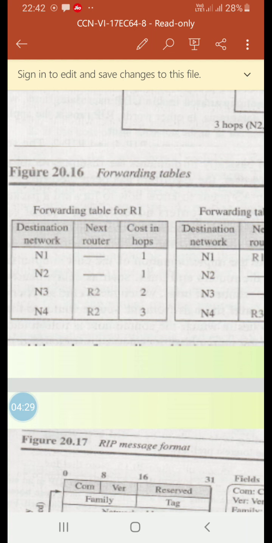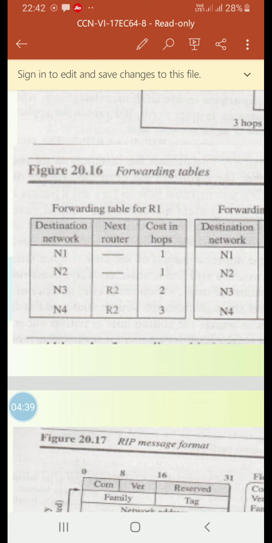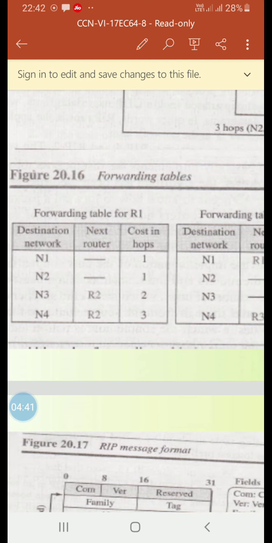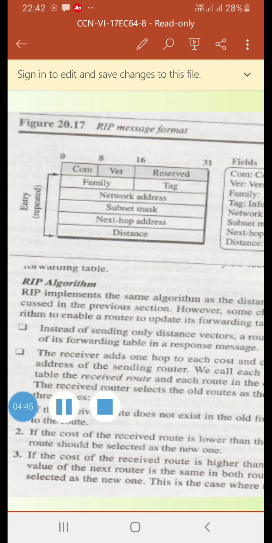Although a forwarding table in RIP defines only the next router in the second column, it gives the information about the whole least cost tree based on the second property of these trees.